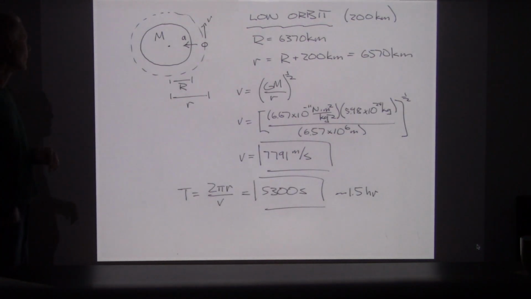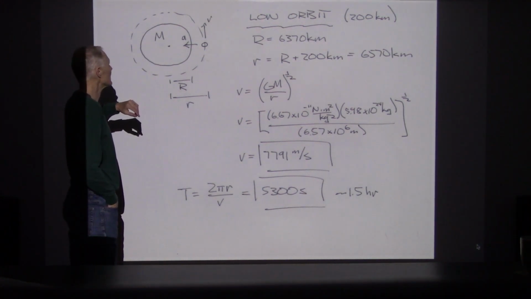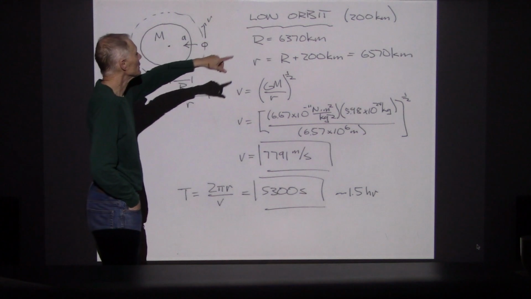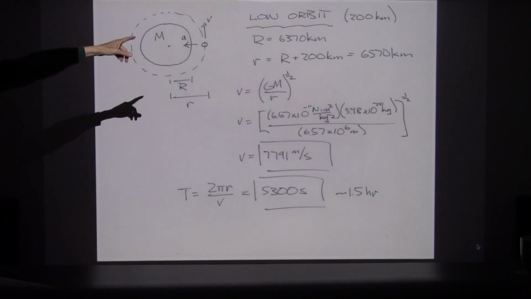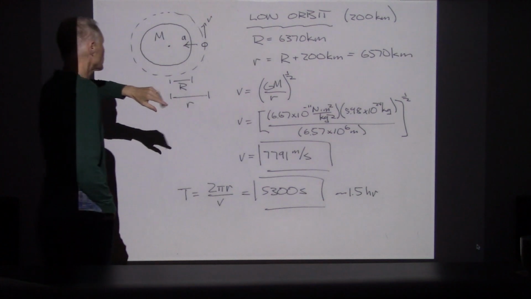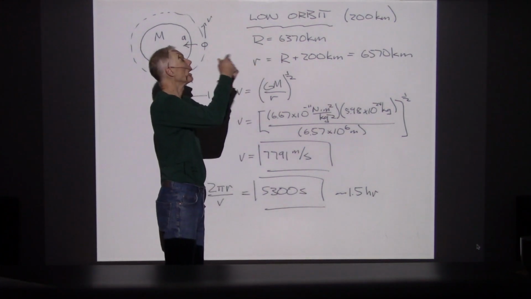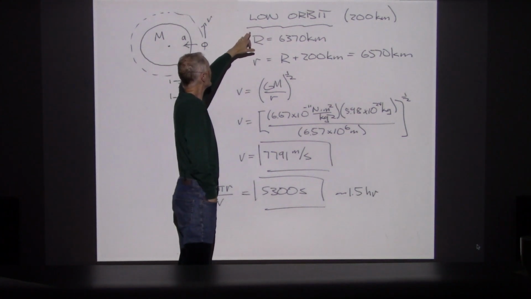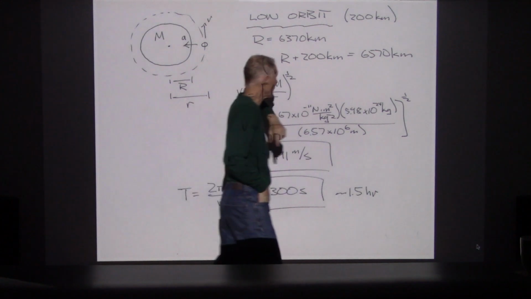Now here's an example, just to compare. This is a circular orbit also, let's say, but this is a low orbit. Some of the lowest orbits are at a couple hundred kilometers, so you can actually put something in orbit this close. In that case, if it's 200 kilometers above the surface of the Earth, we need to take the radius of the Earth, add on the 200 kilometers.